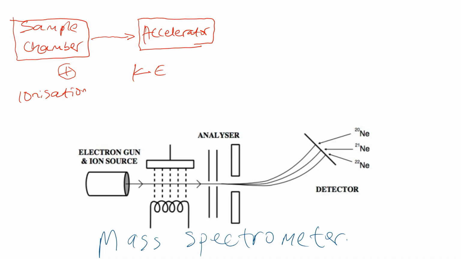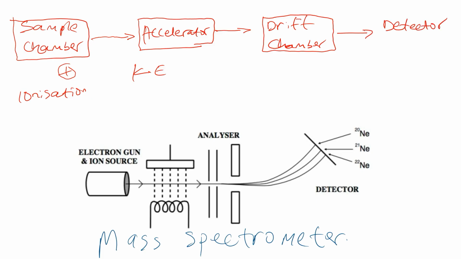Now after the accelerator, the ions move towards the drift chamber. At this point, the ions stop accelerating and they start moving at their own velocity. So they are drifting towards the detector.